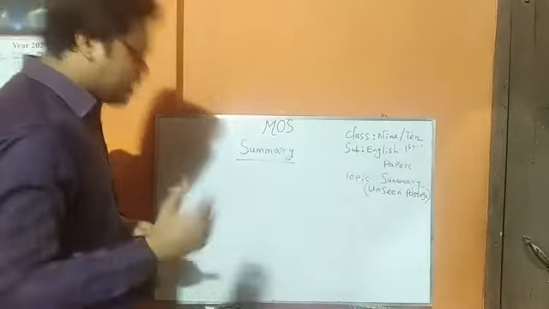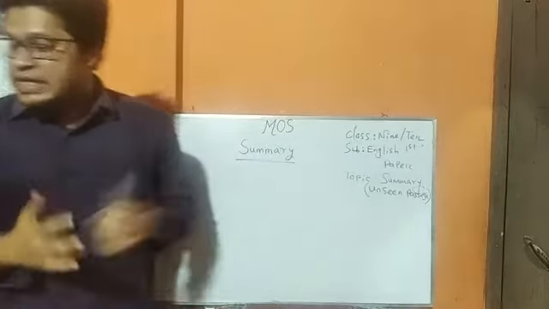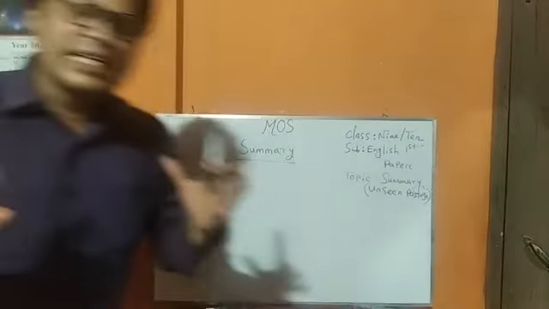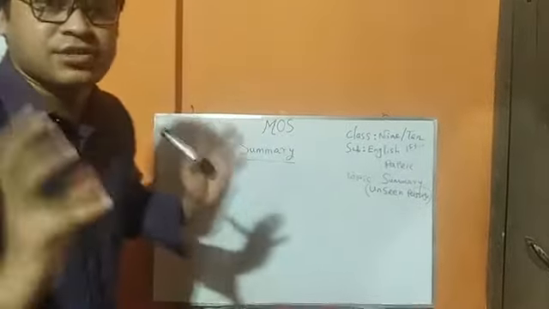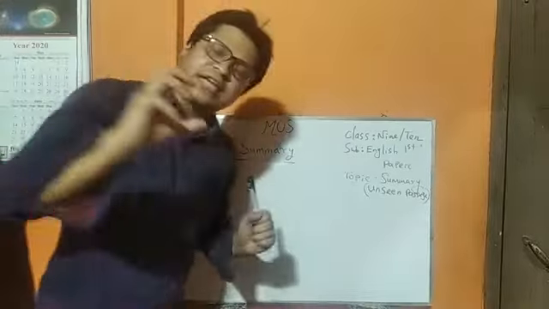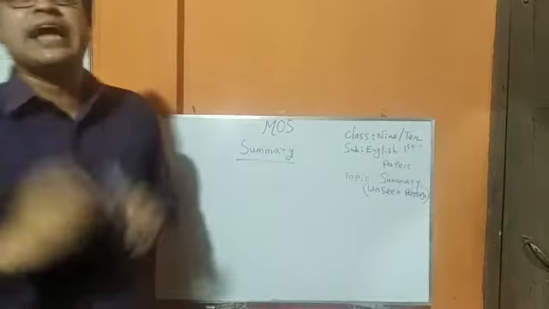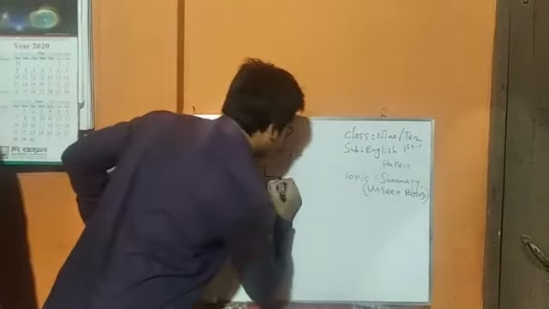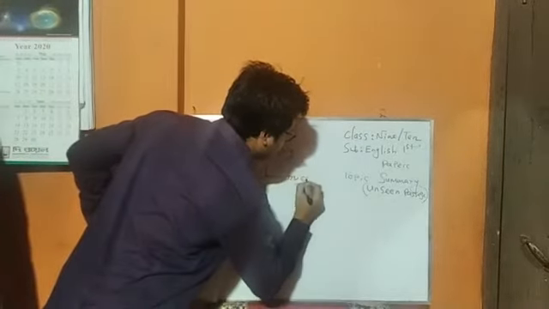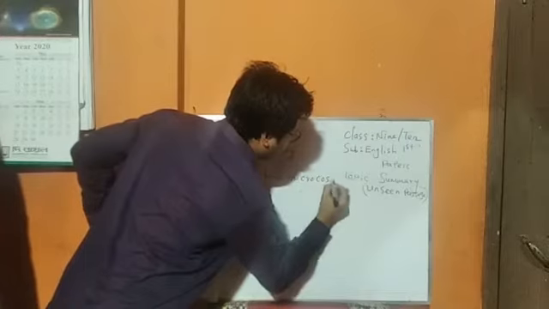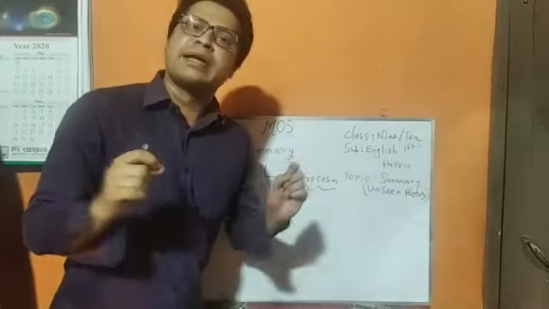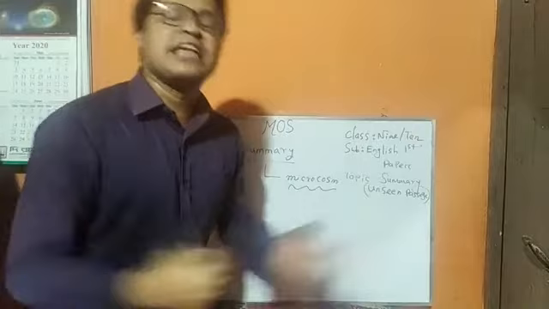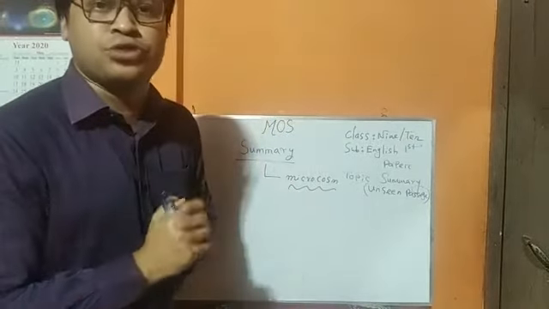Okay, at first I want to tell you what is summary. A summary is a condensed version of a text. That means we can compare summary with a microcosm. That means a reader who reads a summary can realize what the passage is about.